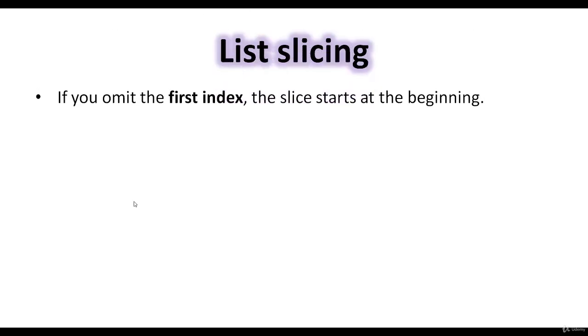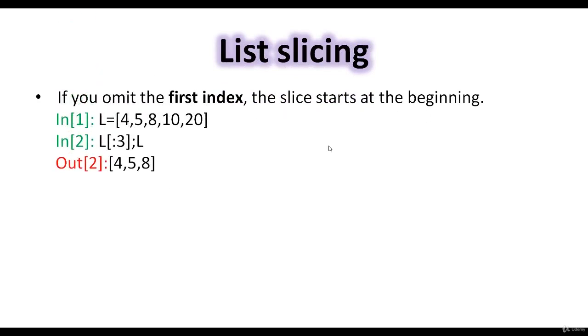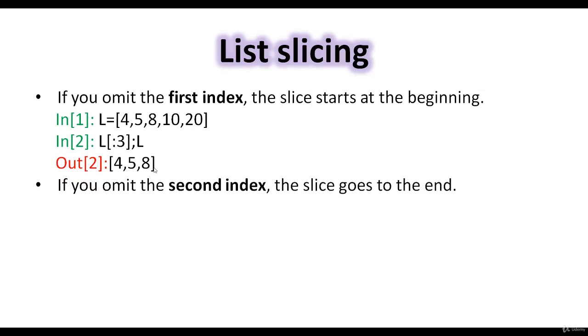If you omit the first index, the slice will start from the beginning. In this example, the start index is omitted, so it is taking the elements from the beginning up to the second, because third is excluded. If you omit the second index, the slice will go up to the end.